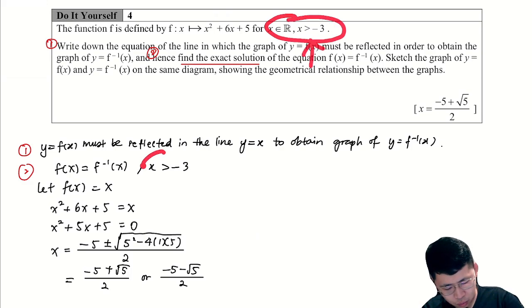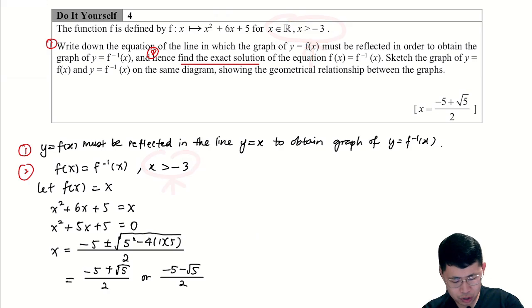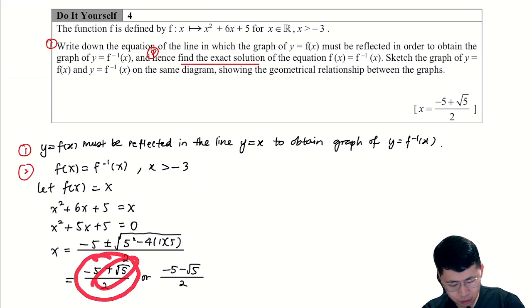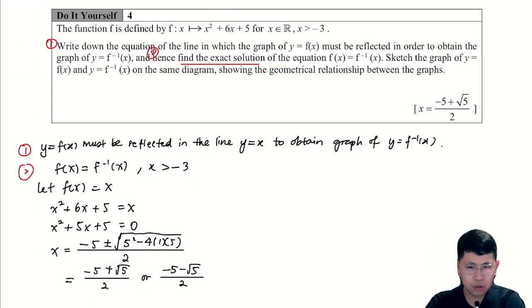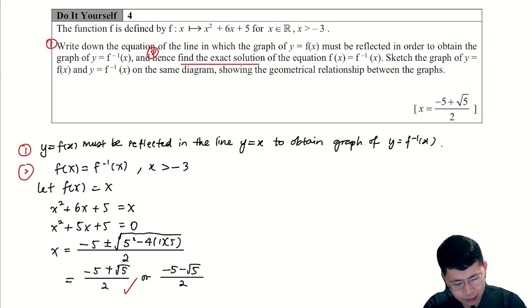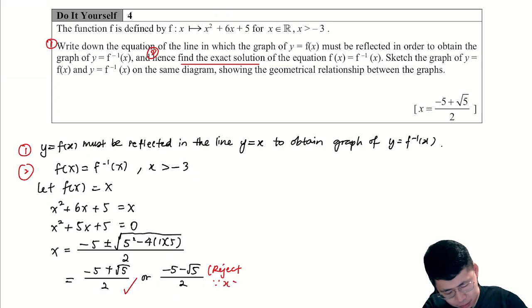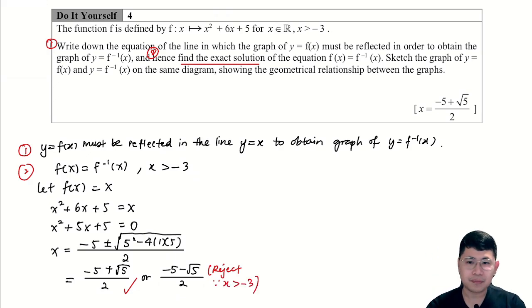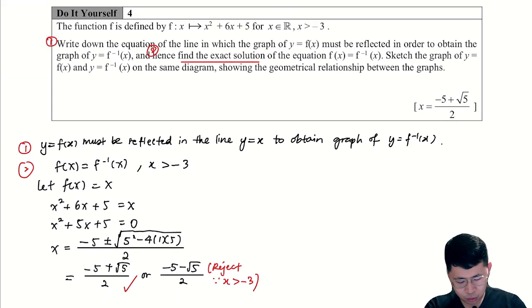We refer back to our domain and see which one do we reject. x greater than -3, so -5 plus a number over here, if you type in your calculator, it should be bigger than -3. So this is the one that we will take. Then for the next one over here, this one is going to be definitely less than -5. So we will reject this because x must be greater than -3. Okay, so this is the answer for part number 2. Find the exact solution.